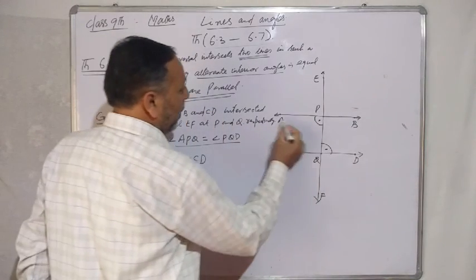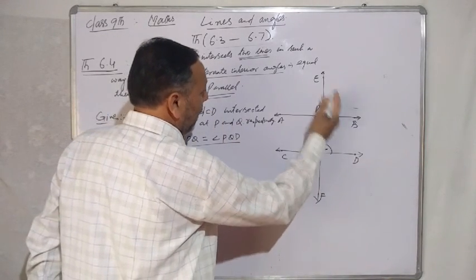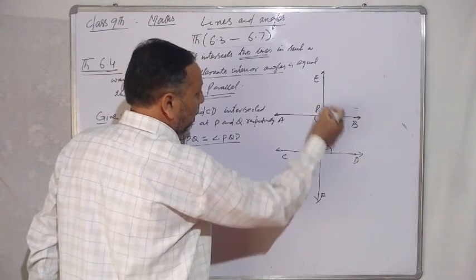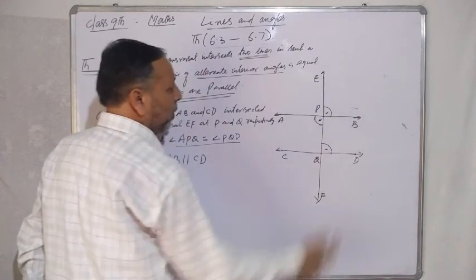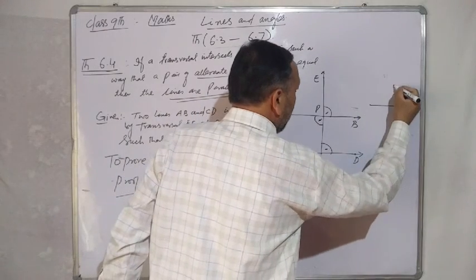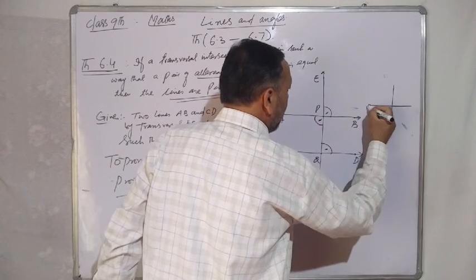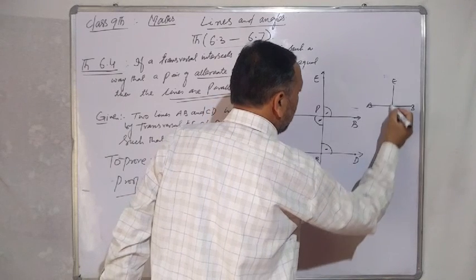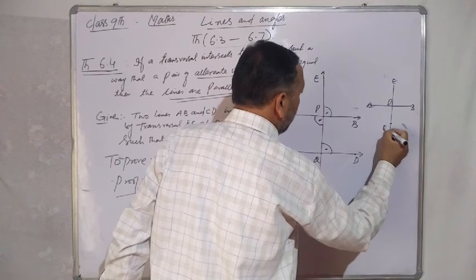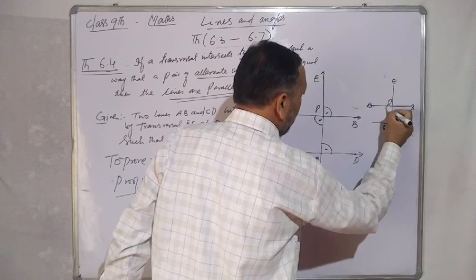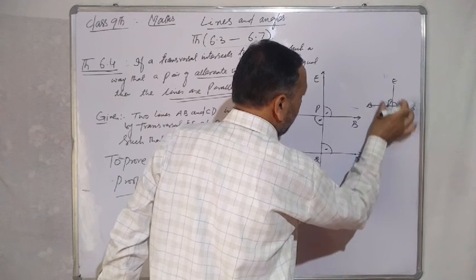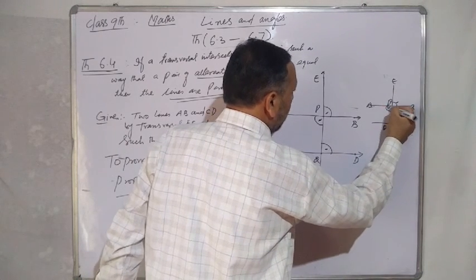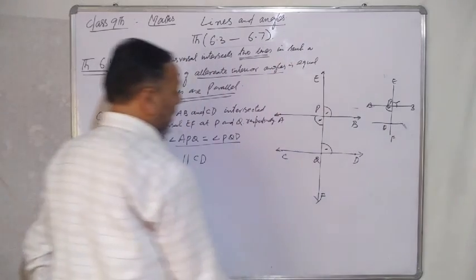Now here again, angle APQ is equal to angle EPB. This angle APQ is equal to angle EPB, because this is line AB, this is EF, this is P and here we have Q. So this angle is equal to this, because when two lines intersect, these vertically opposite angles are equal.